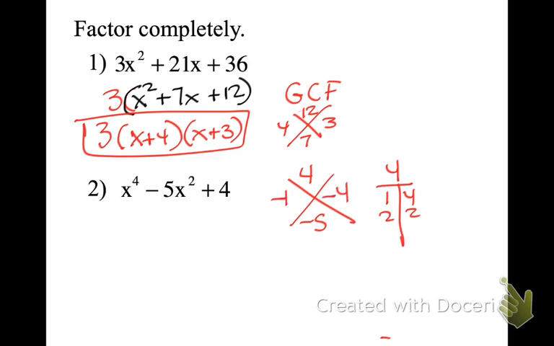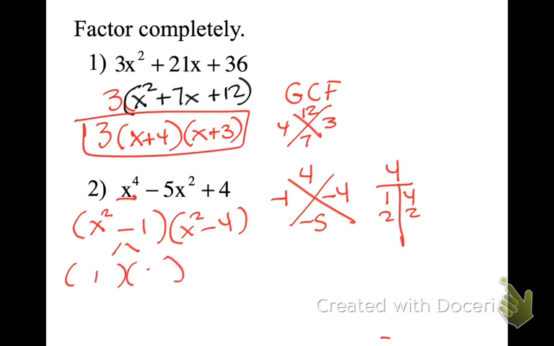Okay. So now look when I factor, what's the square root of x to the 4th? x squared. And then I have minus 1 minus 4. Am I done? No, because this is a difference of squares. So that's going to factor to 2 things that are the same, but one is plus, one is minus.